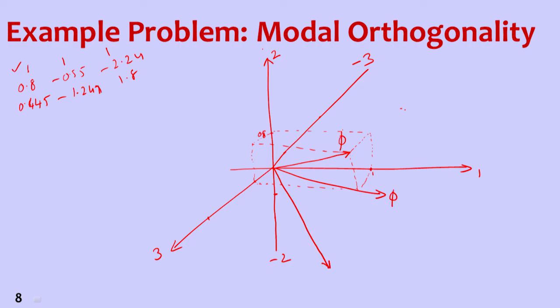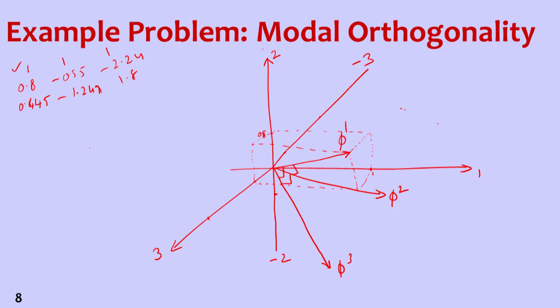So this is phi 1, this is phi 2, this is phi 3. What I mean to say is this phi 1 will be perpendicular to this, and this is perpendicular to this. That means phi 1, phi 2, phi 3 are perpendicular.